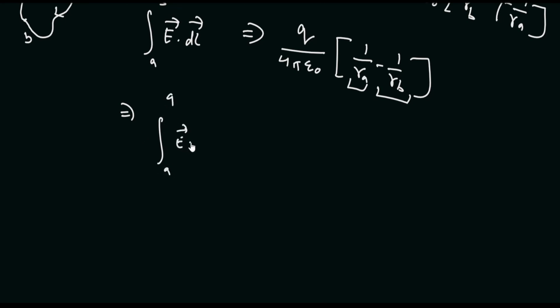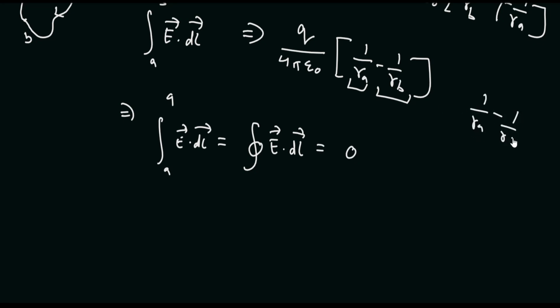Another way to write the same thing is the closed integral of E dot dl, where we put a closed circle to indicate that it is a closed loop. This will be equal to 0, since we will have 1 divided by Ra minus 1 divided by Ra, which is 0. Therefore, we see that the closed line integral of the electric field is equal to 0.